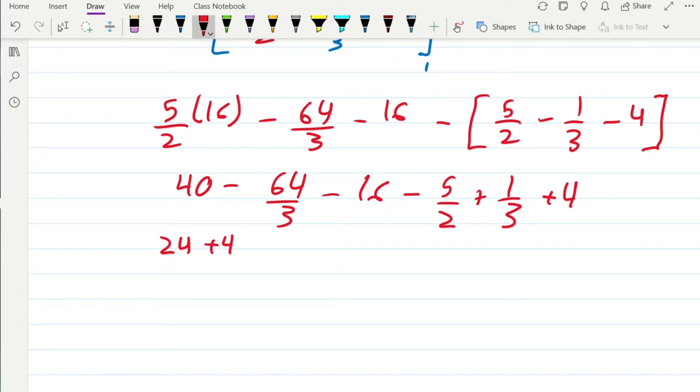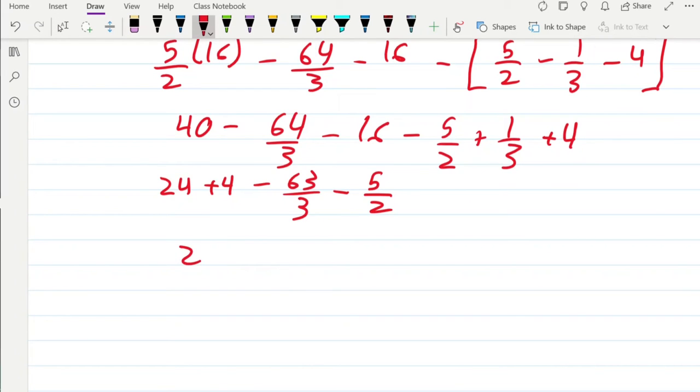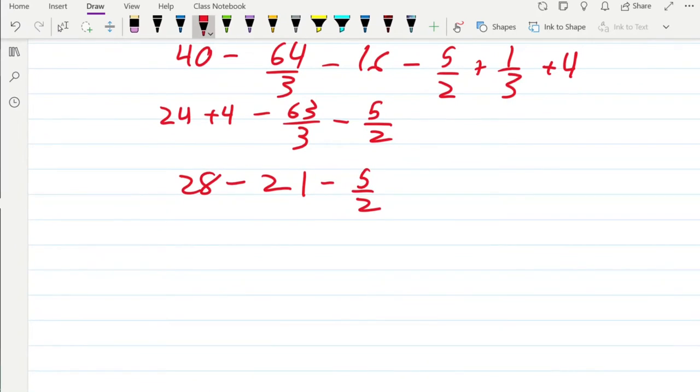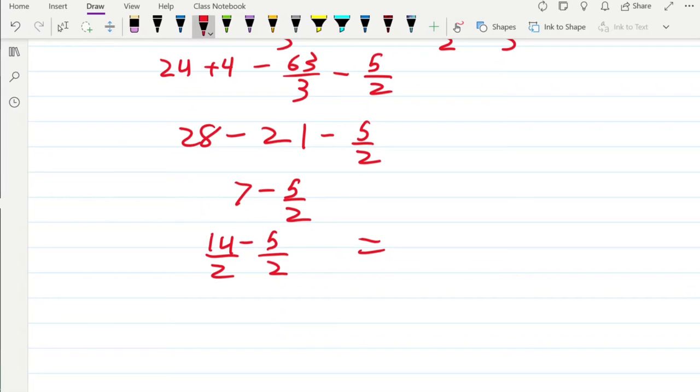We're going to put plus 4 right there. Minus 63 divided by 3 minus 5 over 2. So that's going to be 28 minus 21 minus 5 over 2. That's going to be 7 minus 5 over 2. So 14 over 2 minus 5 over 2, which is going to equal 9 over 2, which is the correct answer.